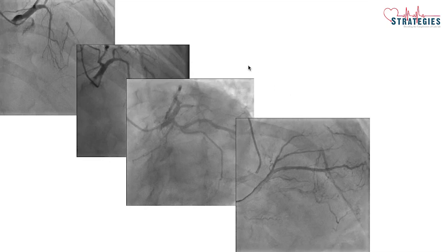If you see the proximal cap of the CTO, it is not very clear. It is an ambiguous entry point, and the entry point has two branches. One is first septal, another is first diagonal. We are not really sure where the entry point is for the CTO.